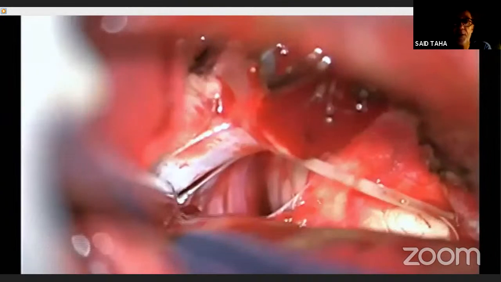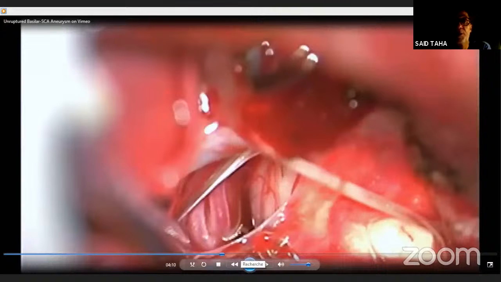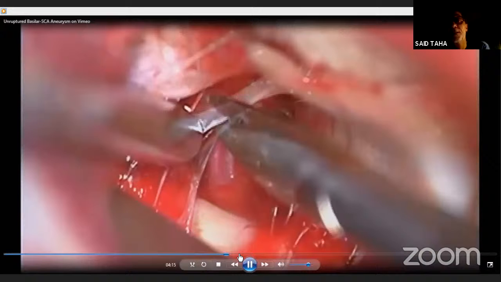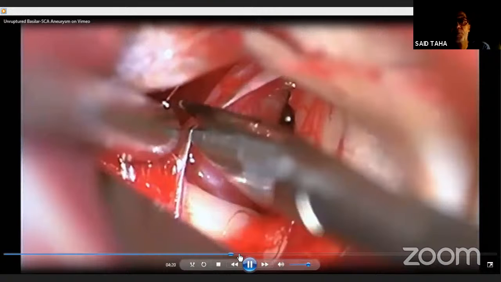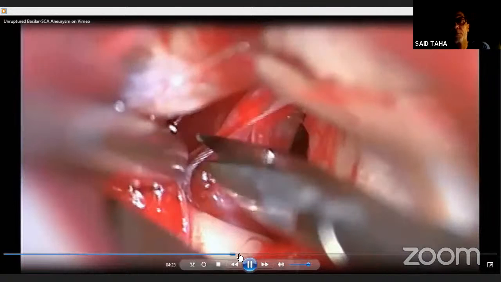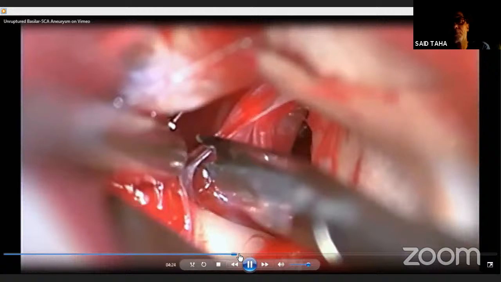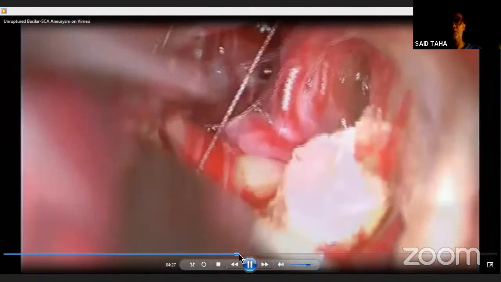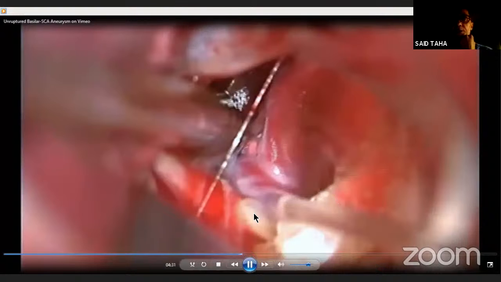And now Professor Hernesniemi opens the mesencephalic leaf. He found the aneurysm here.